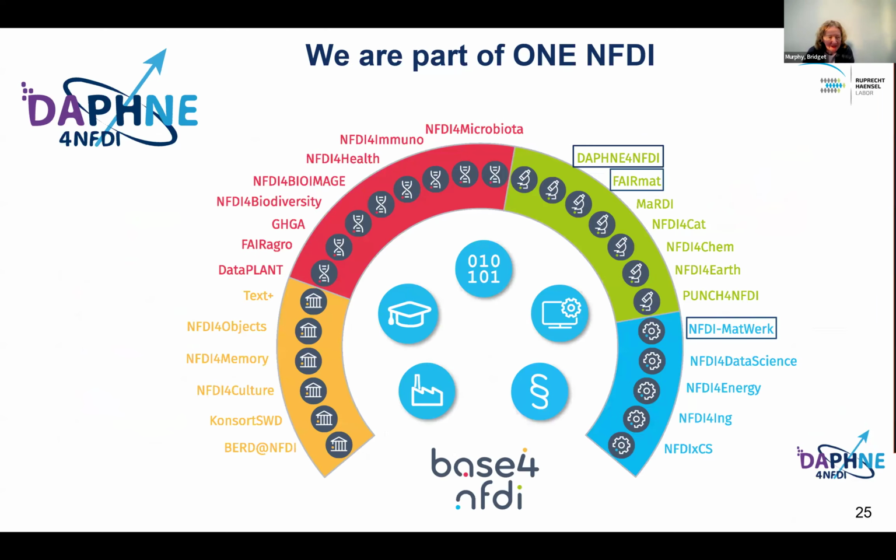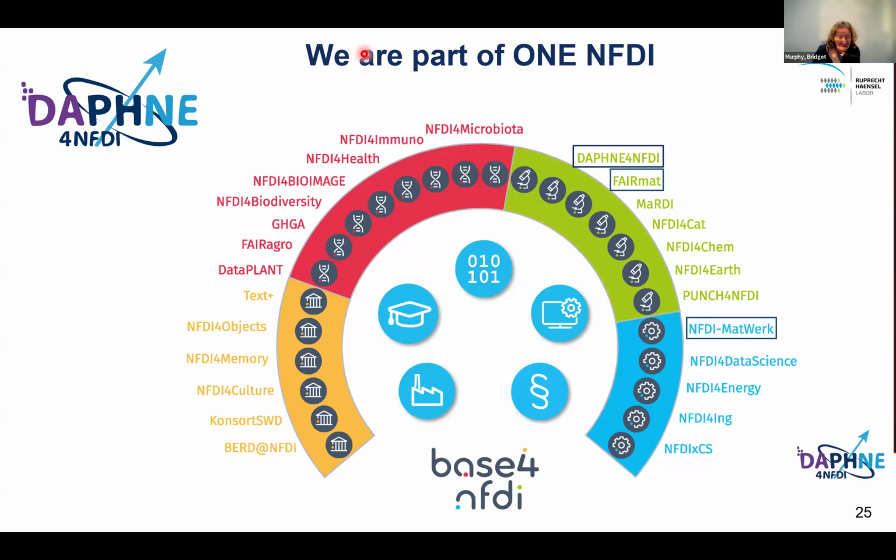So that was, I wouldn't say all the science, but some little highlights. And now in the remaining part, I just want to take you on a tour of what we can do with FAIR data. I want to tell you about Daphne for NFTI. This is data for photon and neutron experiments. So we're not a single consortium trying to work with data.